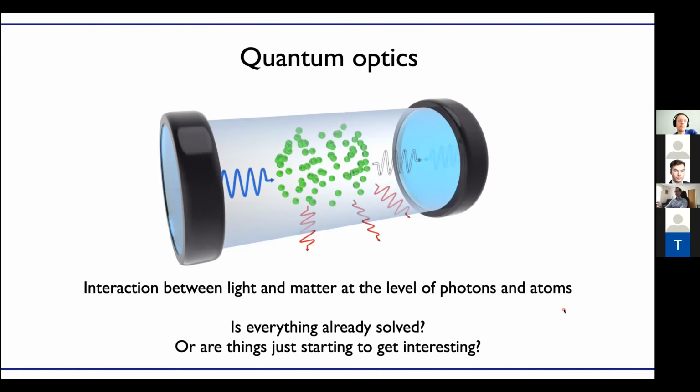This is a field that's been studied for many decades, so you could think it's been quite well explored, but it turns out there are some new regimes that are not explored that much, mostly because experiments were not going on in these regimes, or couldn't reach these regimes. But thanks to some new technology in the past few decades, especially superconducting qubits, which can make artificial atoms, we can reach some new interesting regimes of quantum optics.